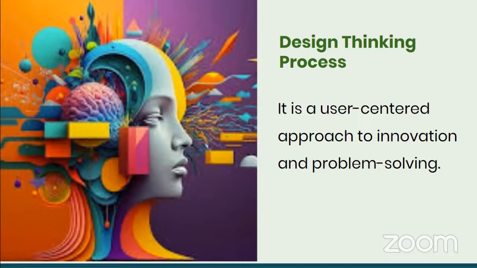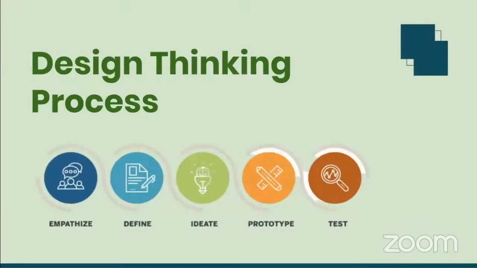There are some phases of this design thinking process, and I'll just run through them now. We have empathize, define, ideate, prototype, and test. Let me quickly run through it. Are we still with me, please? Yes. Hello. All right, thank you.